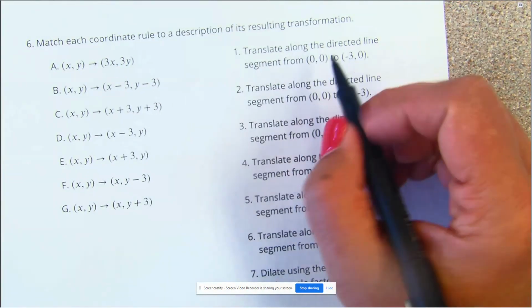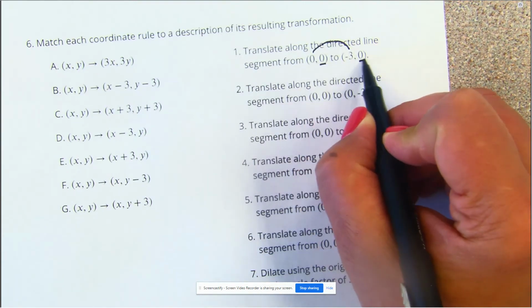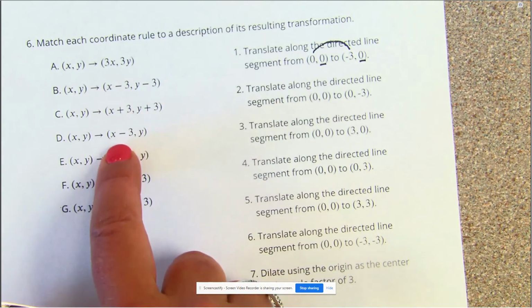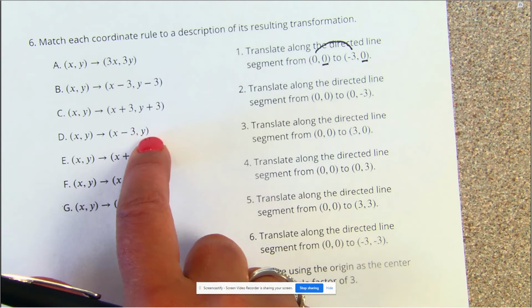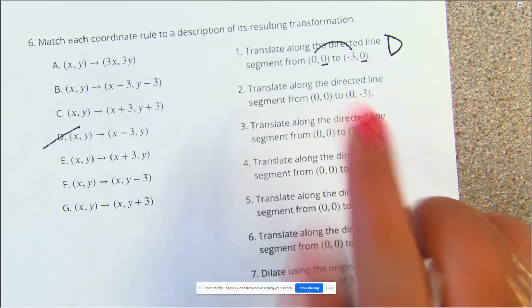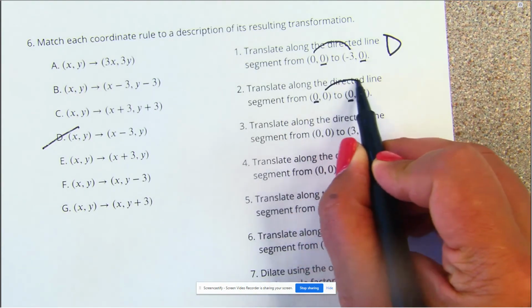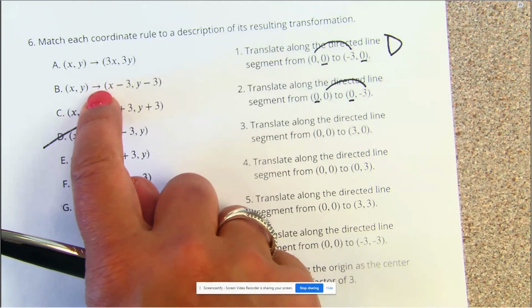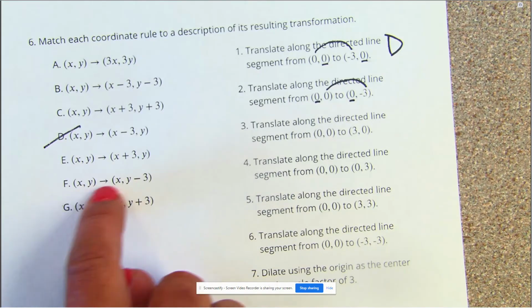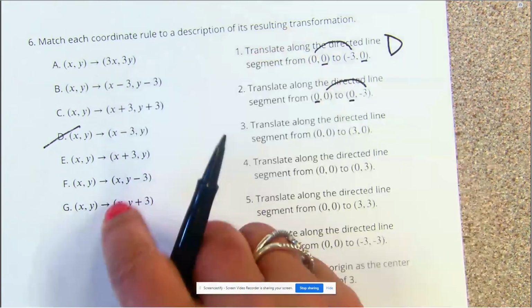So I see, like, look, negative 3 in the x, no change in the y. This guy's D. No change in the x, negative 3 in the y. This is F.